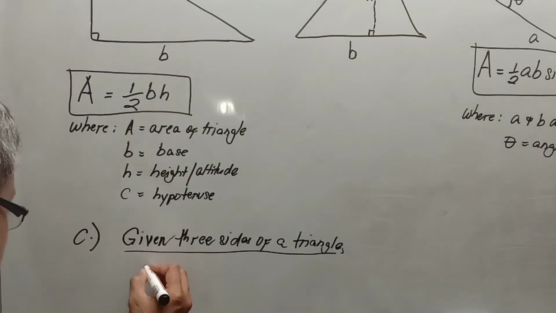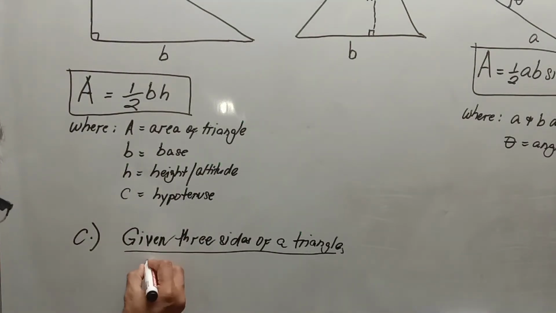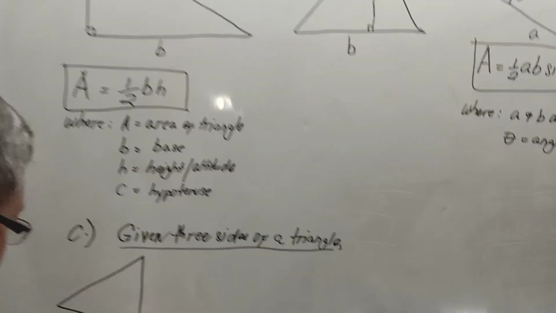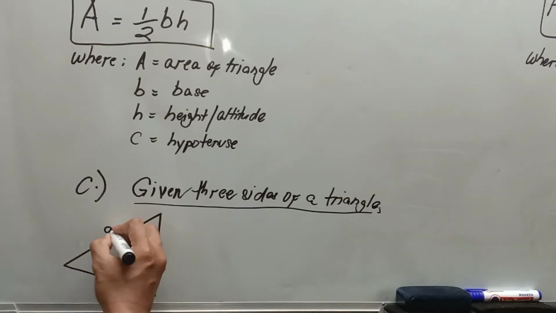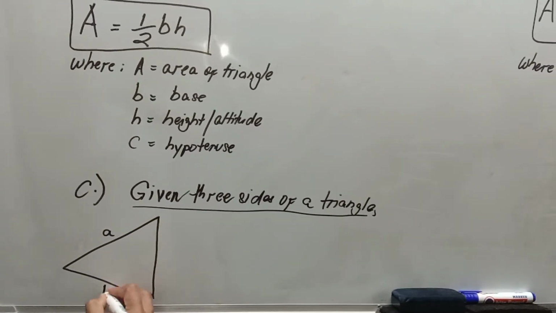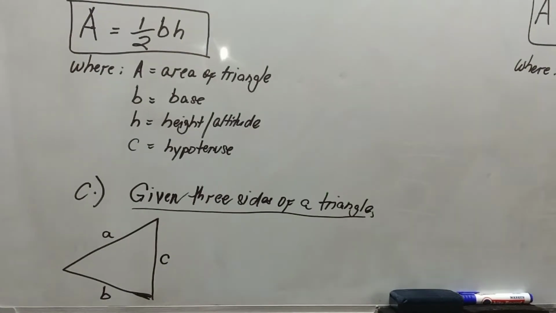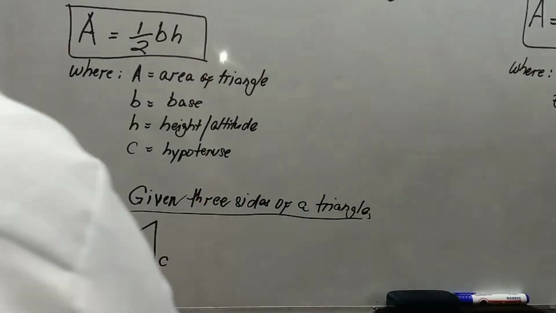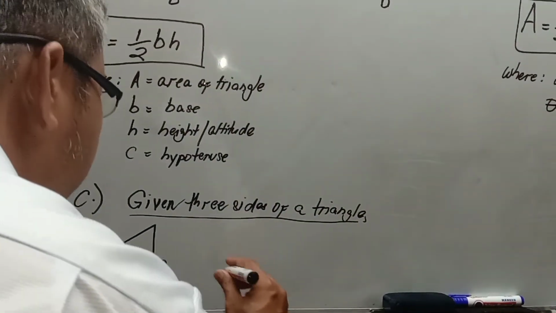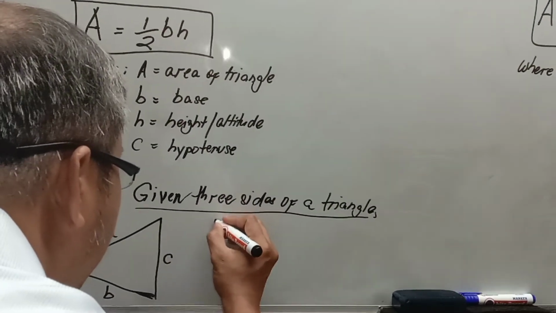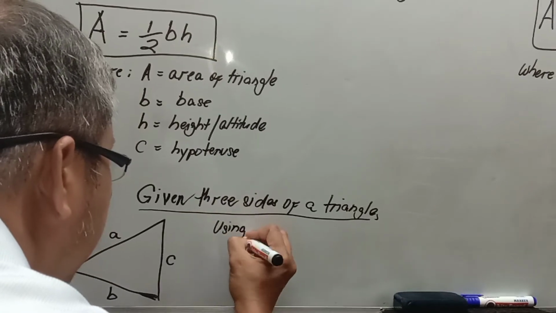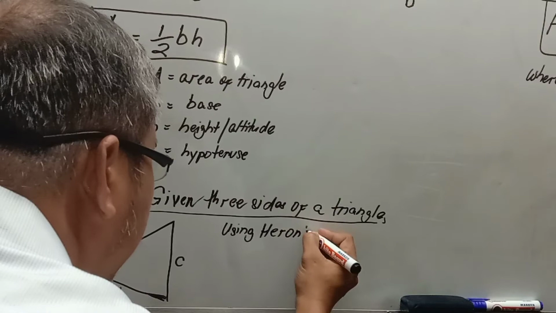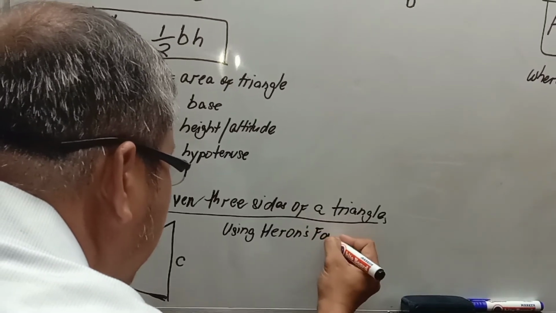So if this is the case, if this is the triangle like this, let me see, this is A, B, and C. So knowing three sides, we can find the area of a triangle using Heron's formula. Okay, using Heron's formula.